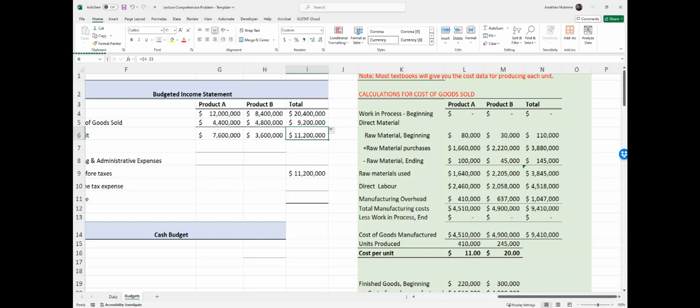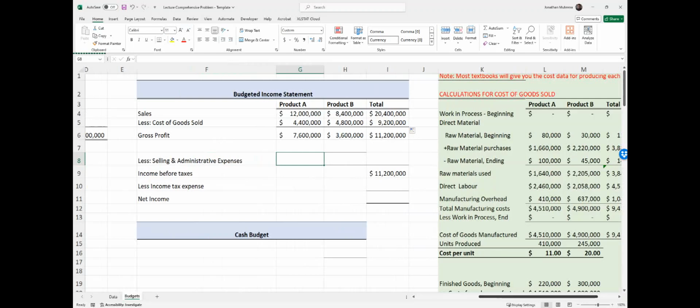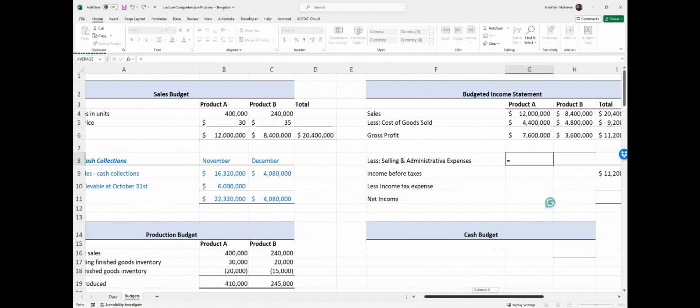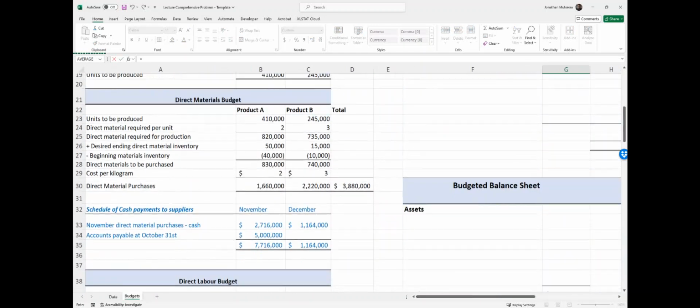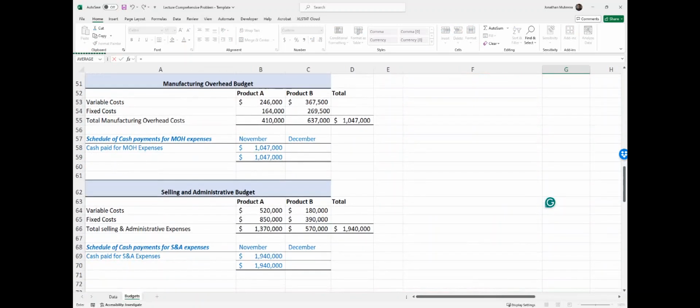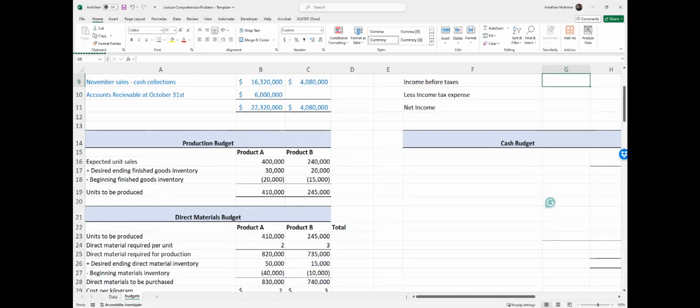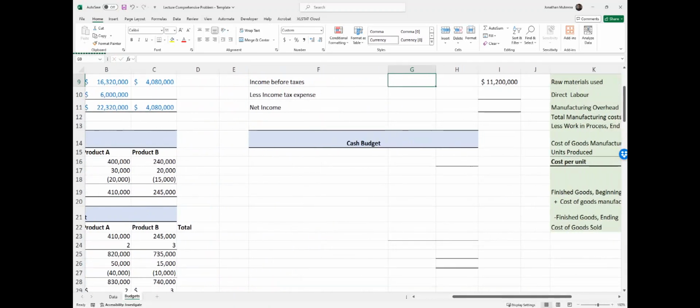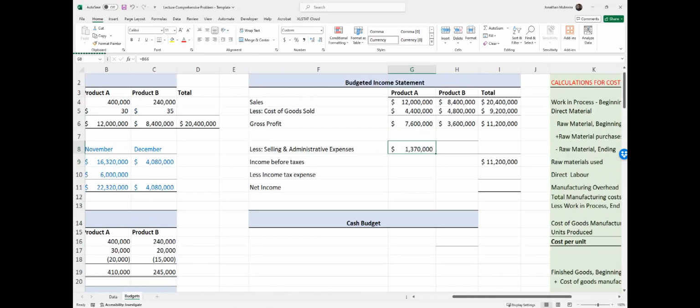And now we go and work on the rest of our income statement, which is going to be easy peasy. So let's go to our selling and general administration. We prepared that budget earlier, so let's go and grab those numbers. Selling and administration, those were the numbers. Subtract those.